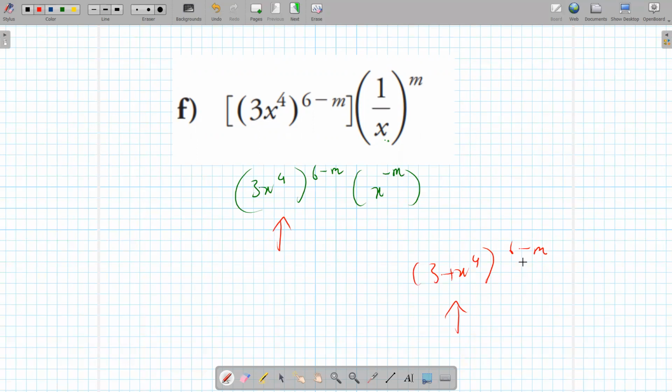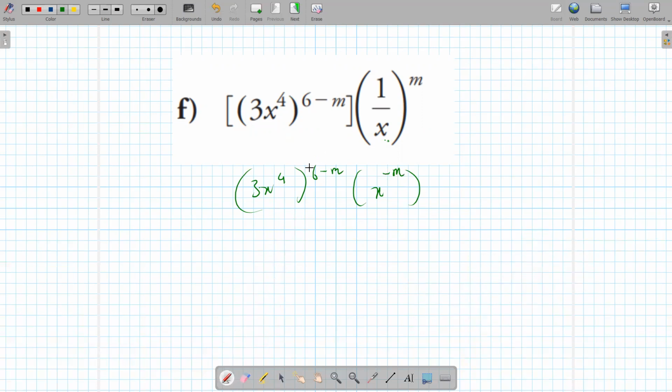No, you can't. Pascal's triangle doesn't allow variables or non-integer numbers. This one, you can't open it. When you're adding or subtracting, if you have a variable in the exponent, you can't open it. But if you're multiplying or dividing, it doesn't matter what's in the exponent. So this one, you can open the brackets.